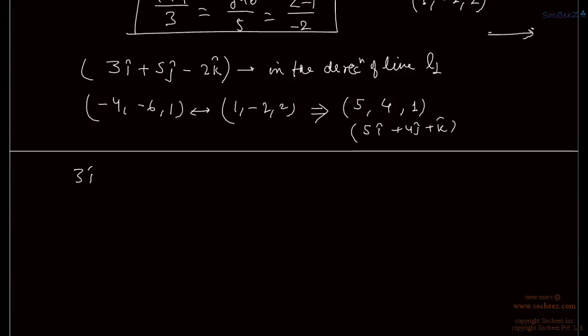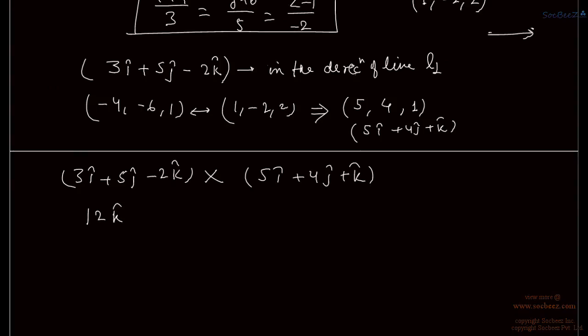So let us take the cross product 3i plus 5j minus 2k cross 5i plus 4j plus k. Okay, so we have 0, 3i cross 5i 0, 3i cross 4j 12k, right? 3i cross k is minus 3j.